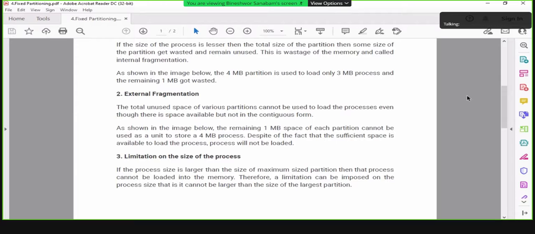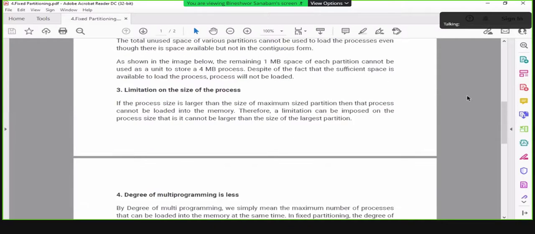So a limitation is imposed on the process size. If the process size happens to be more than the size of our partition, then we cannot allocate the process to the system.